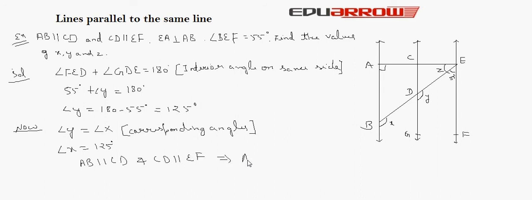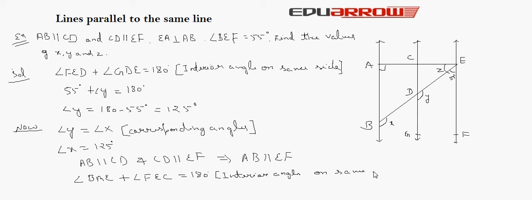Now it is given that AB is parallel to CD and CD is parallel to EF. Therefore we have AB is parallel to EF. So we can write here angle BAE plus angle FEC is equal to 180 degrees as they are interior angles on same side.